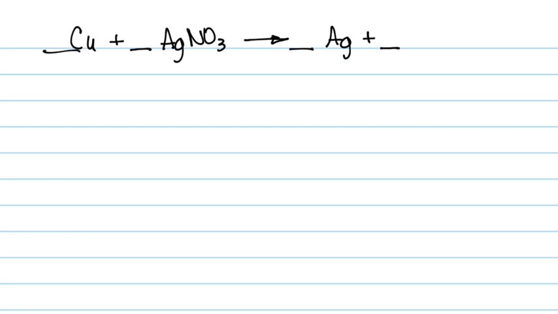So this is supposed to be based on copper reacting with silver nitrate to produce silver and copper II nitrate. Please refresh yourself on how to do balanced equations. I'm going to go ahead and give you the coefficients.